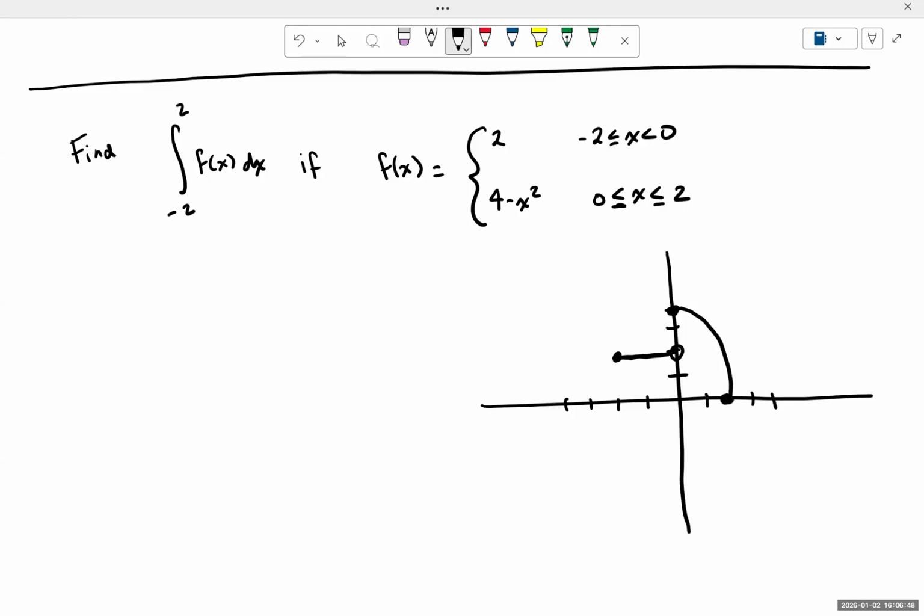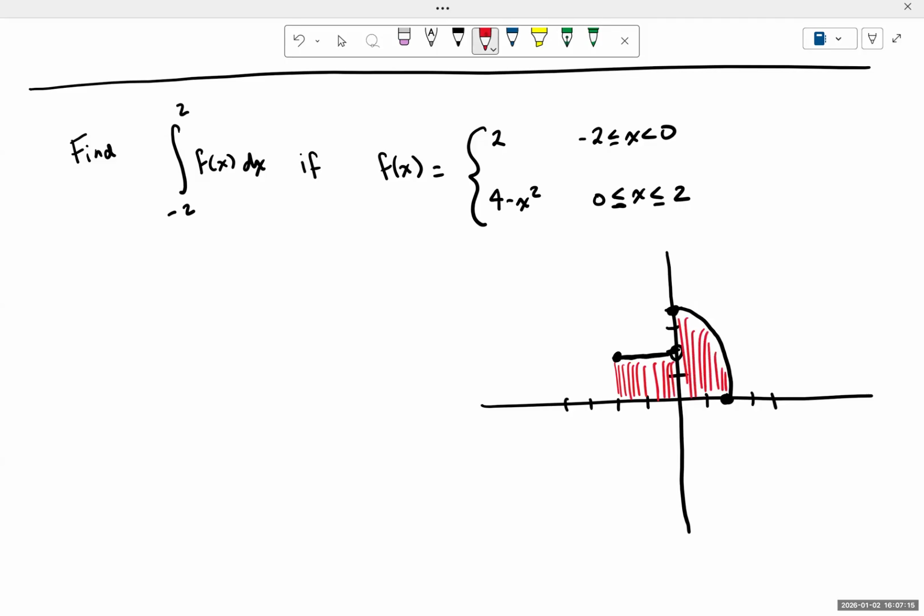Anyway, if we're looking at what this question is asking me, it's asking what's the area under the curve. And as you remember from your discussion of integrals, if there's a jump discontinuity, it really doesn't make a difference because we can just talk about the area under here plus the area under here.